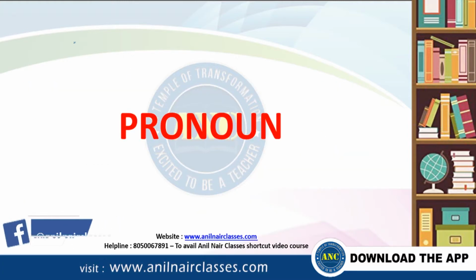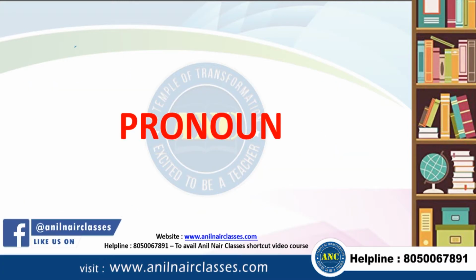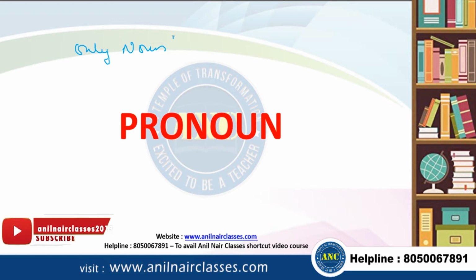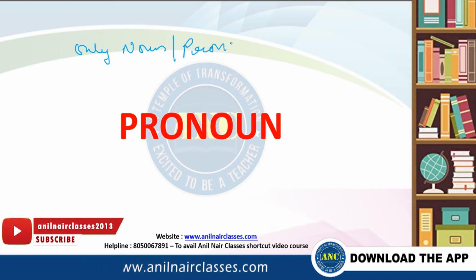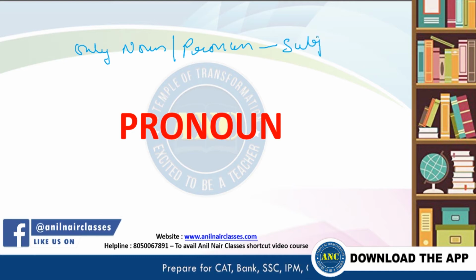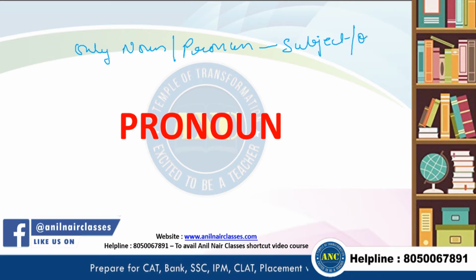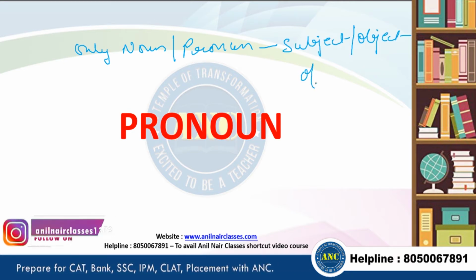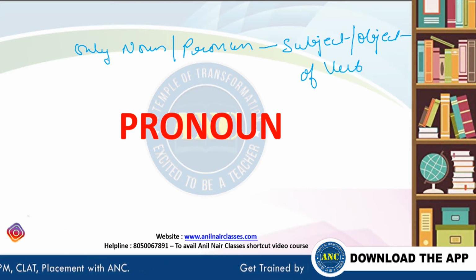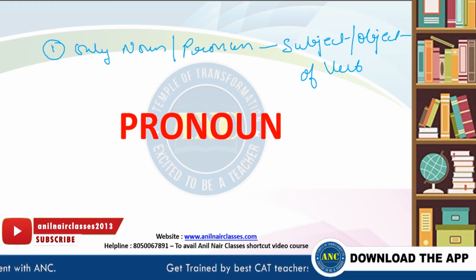Before moving ahead, as we discussed in the chapter on nouns also, only nouns and pronouns can function as the subject or object of the verb. No other part of speech can function as the subject or the object. This is the first point you should always remember.